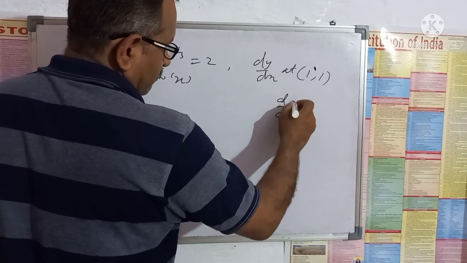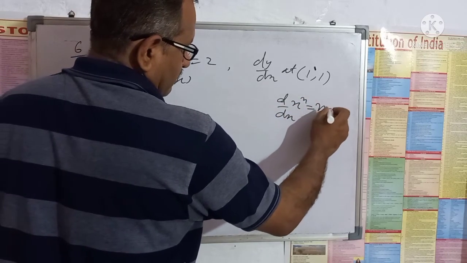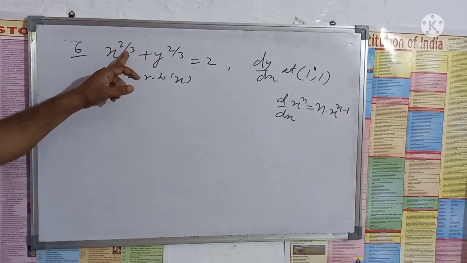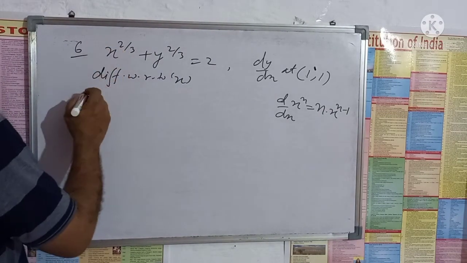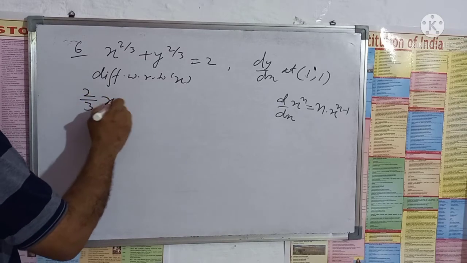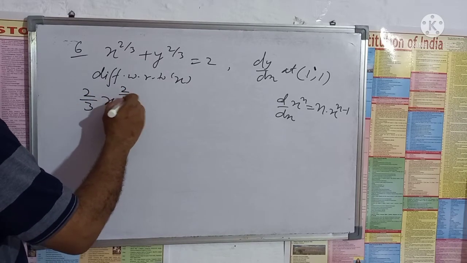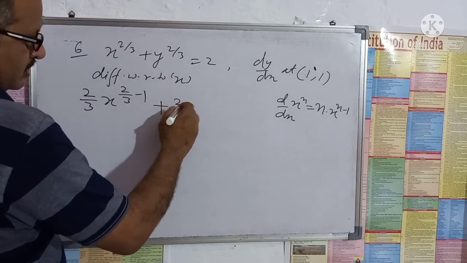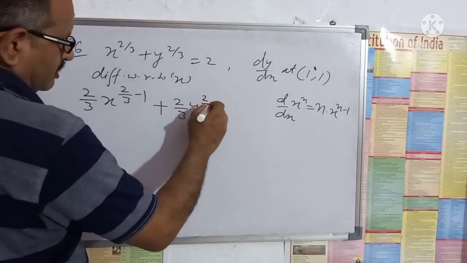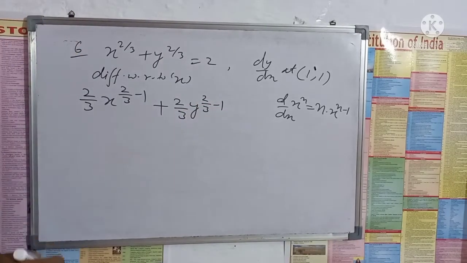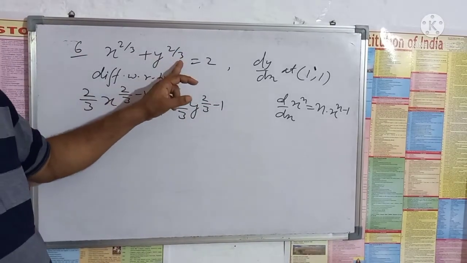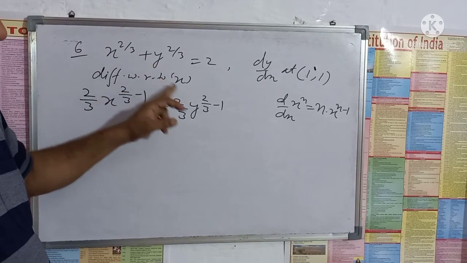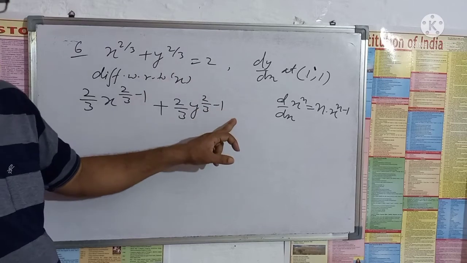d by dx of x to the power n. So here x to the power 2 by 3, n is 2 by 3. So we will write 2 by 3 x to the power 2 by 3 minus 1. Similarly this one, 2 by 3 y to the power 2 by 3 minus 1. We have differentiated this power function. What is the base? y. It is not x. If it was x, we would write the differentiation of x with respect to x, which is 1.